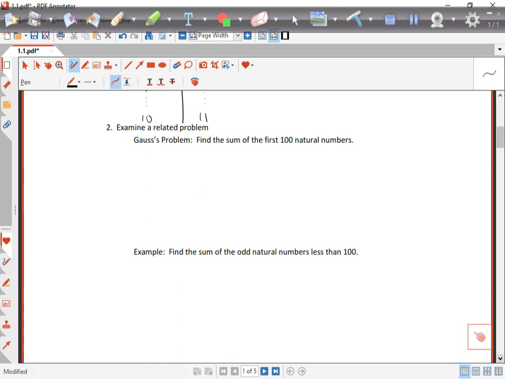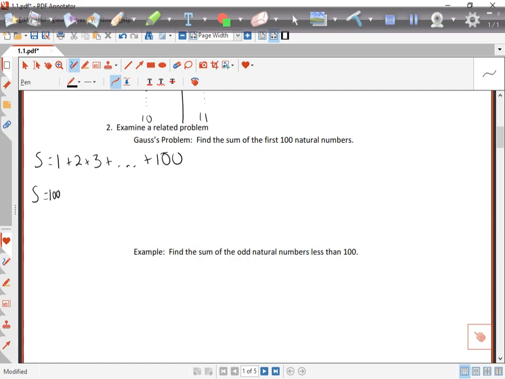He said, I'm going to start way over here, S is what he called the sum. Okay, and he said, well, 1 plus 2 plus 3 plus dot, dot, dot, plus 100 is the sum of the first 100 natural numbers. Then he said, well, I'm going to write that out again, except I'm going to write it backwards this time.